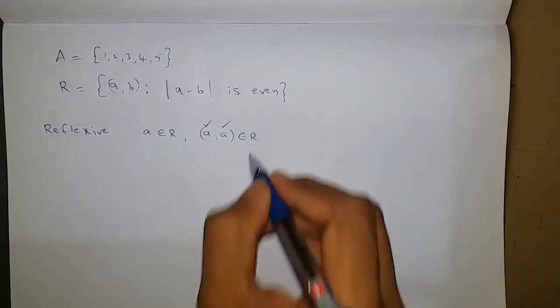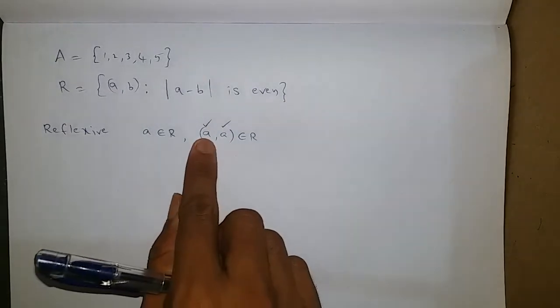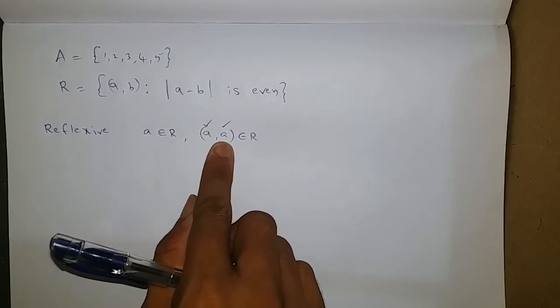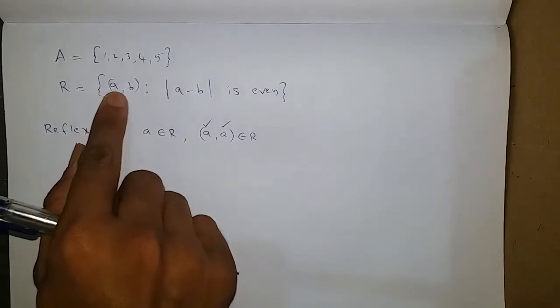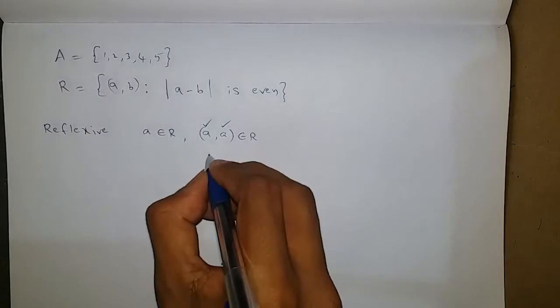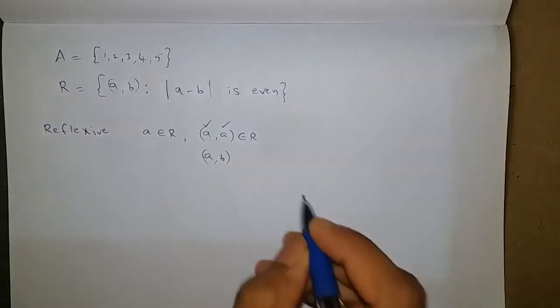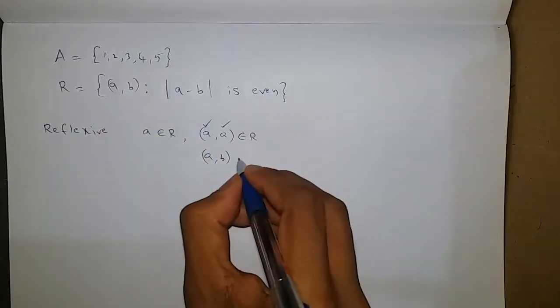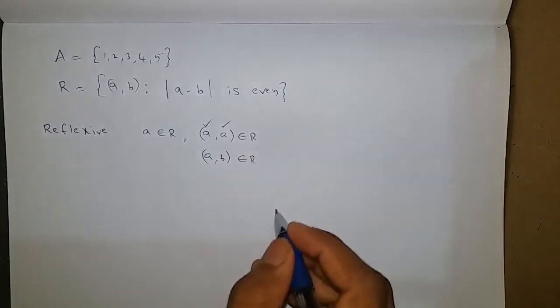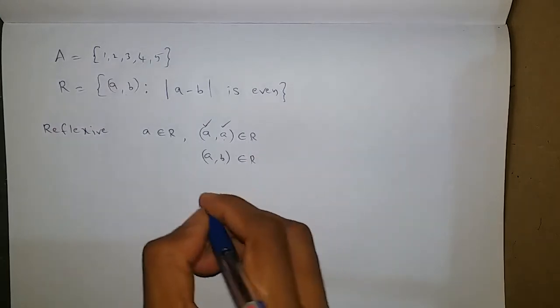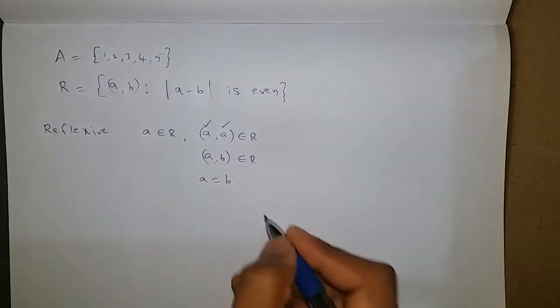Now this (a,a) is nothing but the first element as well as the second element. So if we compare these two, a is exactly equal to b. So a is nothing but b.